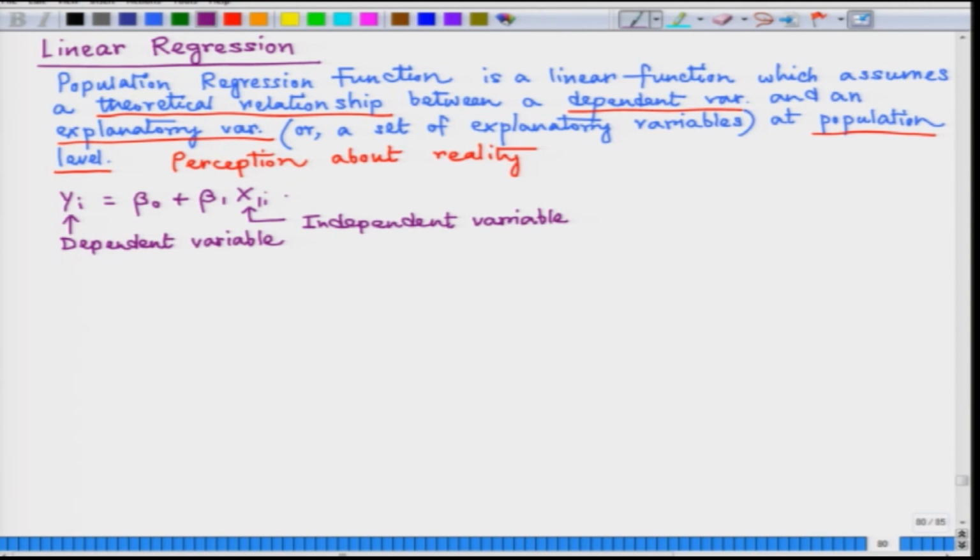Needless to say, you can add more explanatory variables if you assume that more variables are affecting the variation in this dependent variable y. You can have as many variables as you want. So, this is basically the notion of the population regression function.